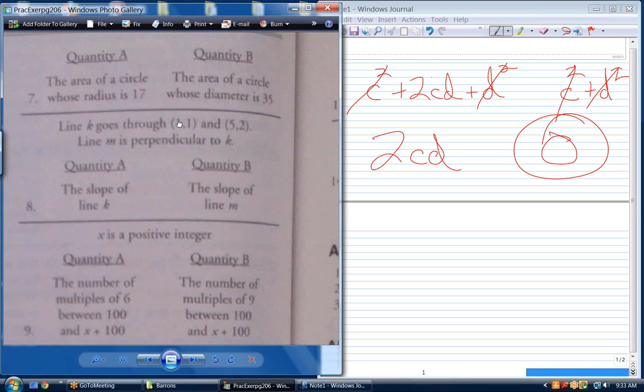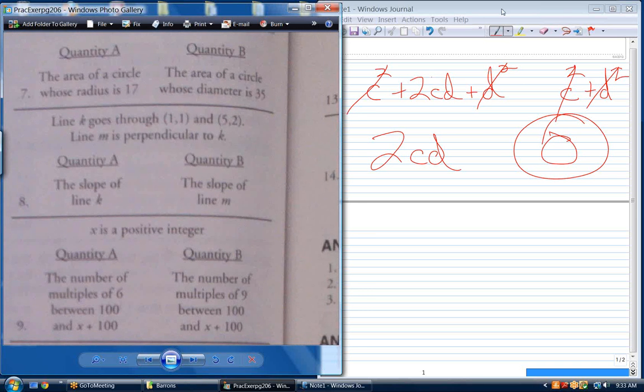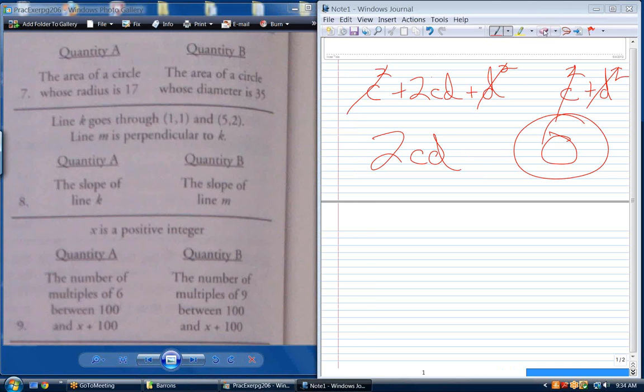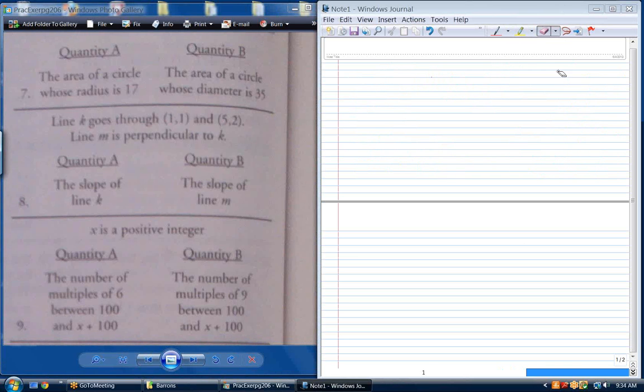Wish they were all this easy. Boy, me too, on the quantitative comparisons. The area of a circle whose radius is 17, versus the area of a circle whose diameter is 35. It's going to be B.